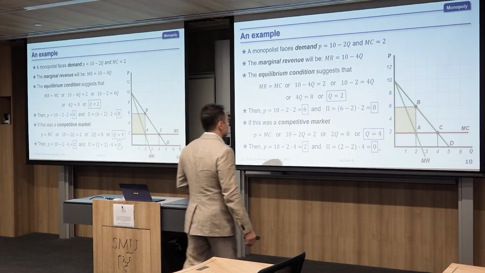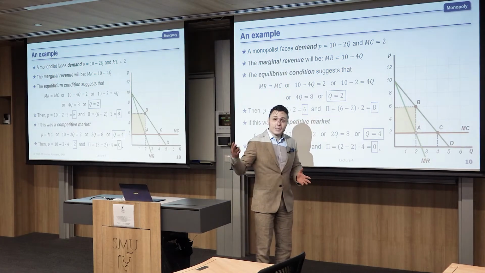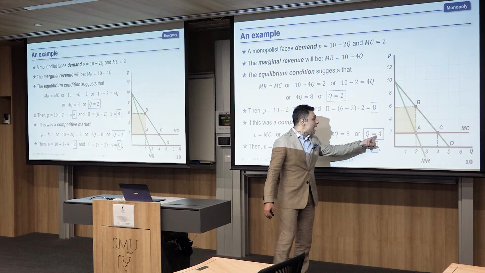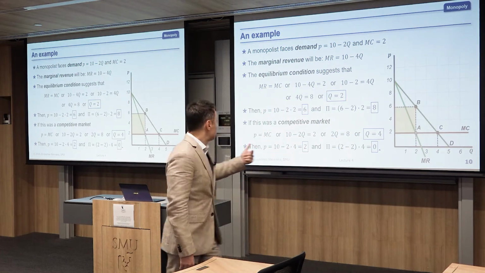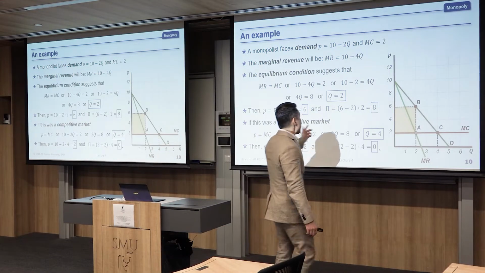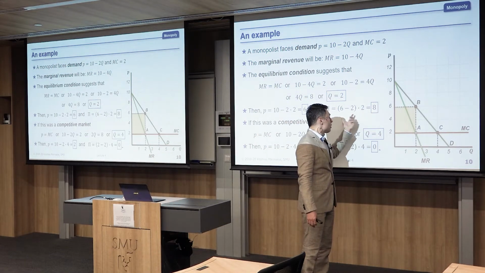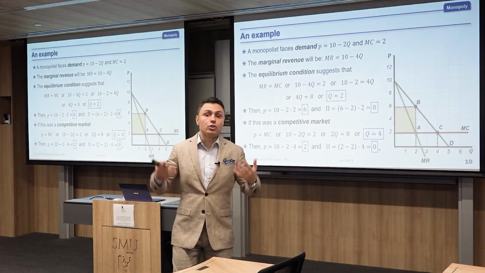But the monopolist gets the same salary, gets the same normal return for the capital, plus, careful, 8 more units of profit, which is always good.